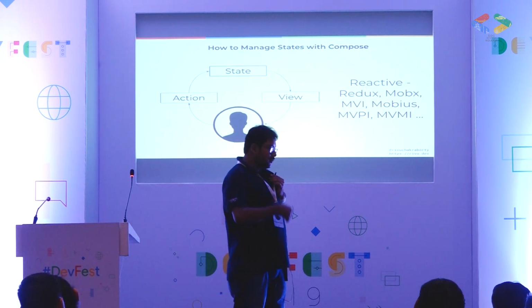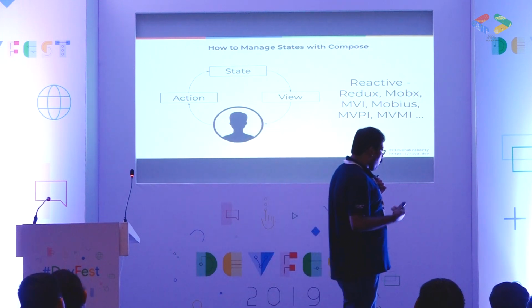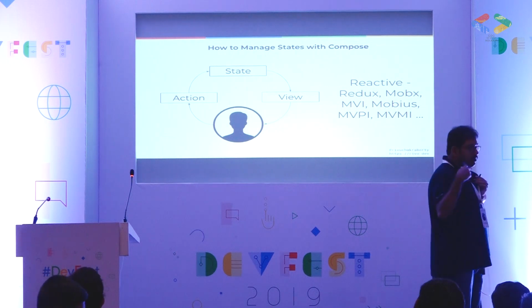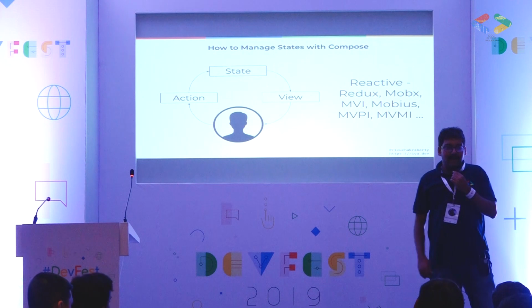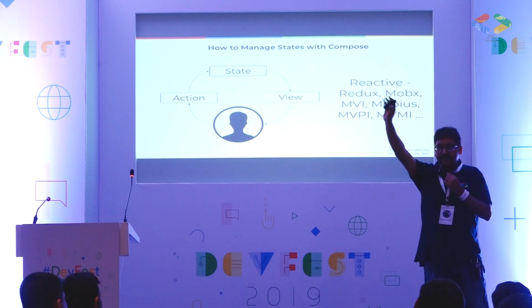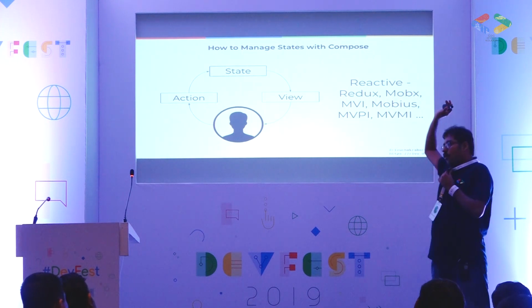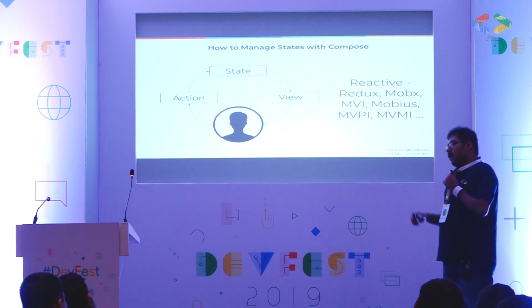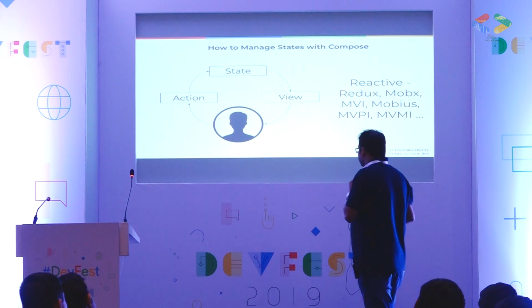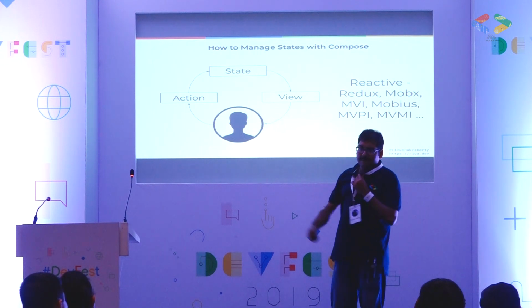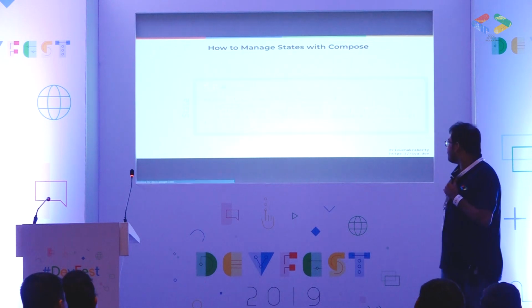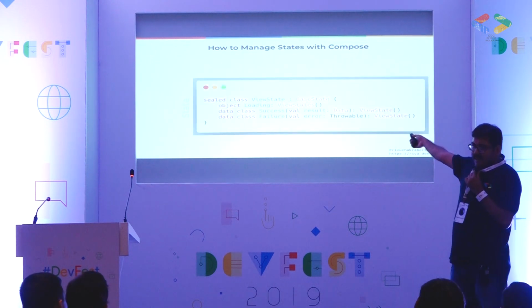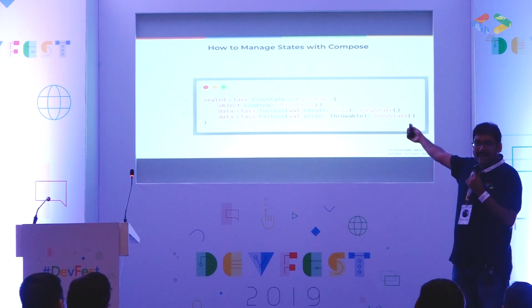Now, when it comes to reactive architecture, it is quite a normal thing in web. Like if you go into the other room, everyone is using reactive architecture. It's not an issue, and it's pretty normal to them. When it comes to Android views, or let me not spoil my slides, let me show you. So that is the state class with any reactive architecture.